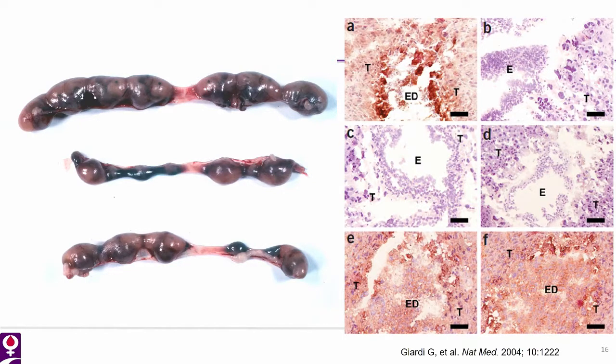In that setting, we might have activation of the classical complement cascade. And this slide is just to remind you that in the passive immunization model, you can show staining for complement in the pregnancy tissues of the murine model that are damaged.